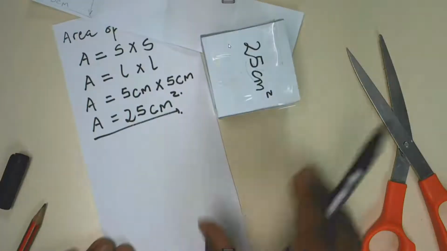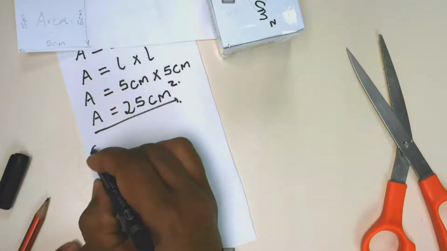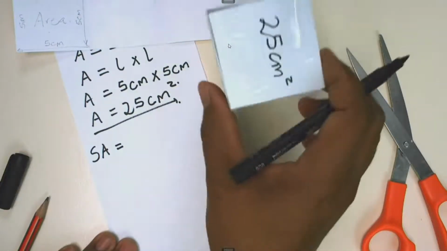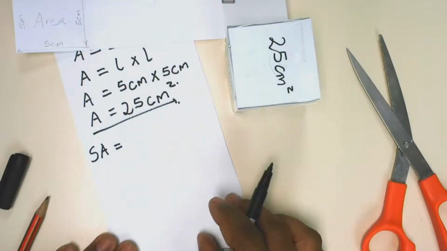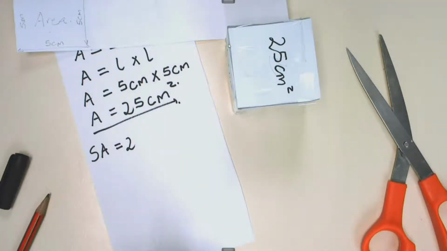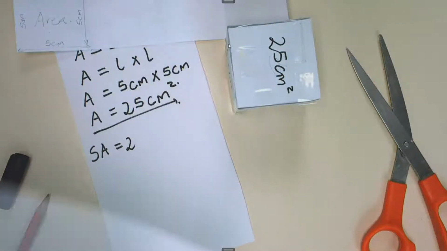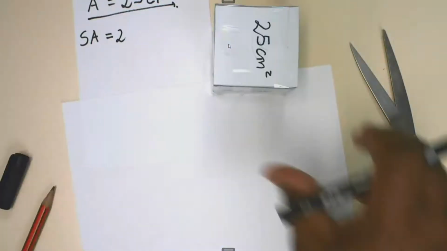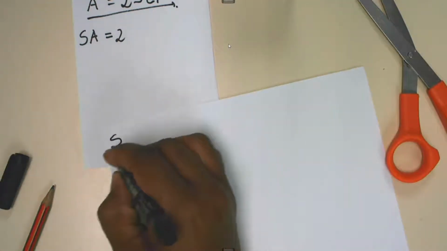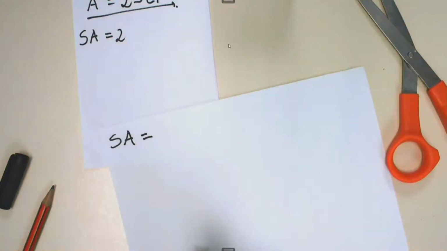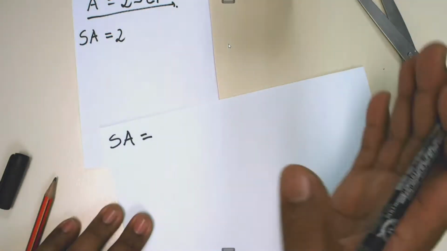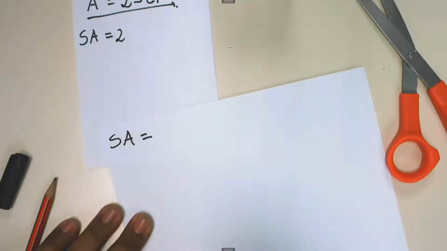And therefore, if we want the surface area of this cube, I'm sure you will agree with me. Let me take a clean A4 paper just to demonstrate the calculation. We'll say the surface area will be the total of all the areas of the 6 faces.